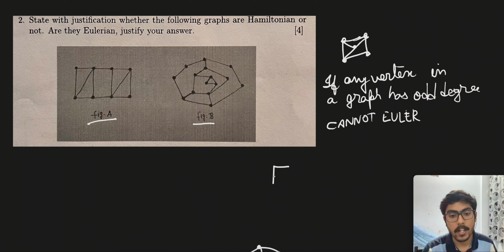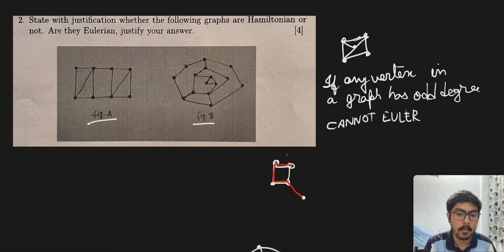So if we take another example, like here, if we start here and then come here, then here, and then down here, right? So if we start here, then come here, then here, then here, and then here. So this is not a Hamiltonian graph because we have not completed a circuit.